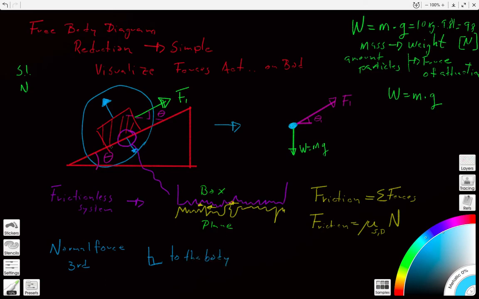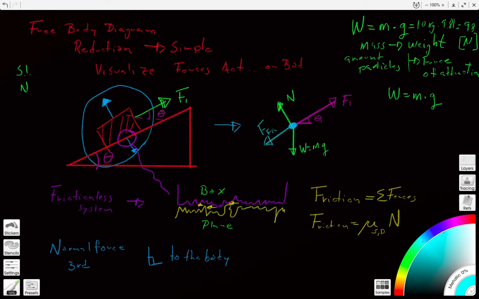Since this body is lying on this surface, the normal force of the surface is this force right here. And friction is always opposite to our movement, and since we are moving along this plane, friction goes in this direction. This is FR, the force of friction.